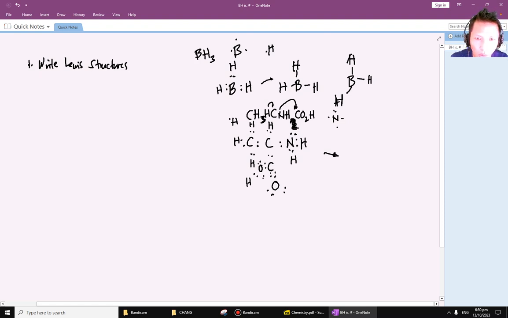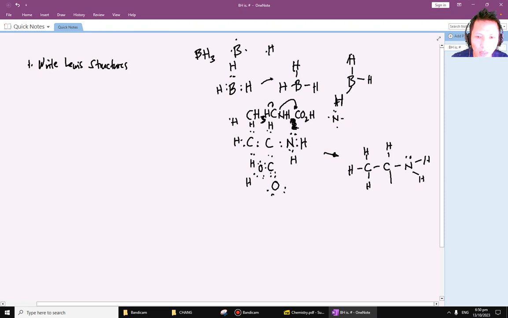So if I draw that, because that was just a solution, for two electrons, it should be a single bond. Then we will fill all those single bonds. Then you have hydrogen here, you have N, and then you would have H, and then H, and you still have a lone pair for that.